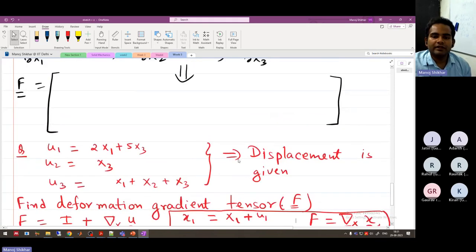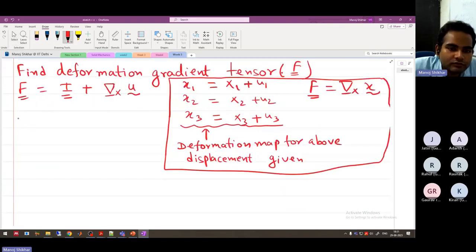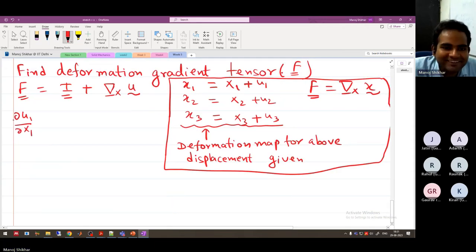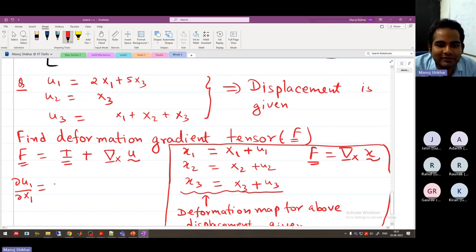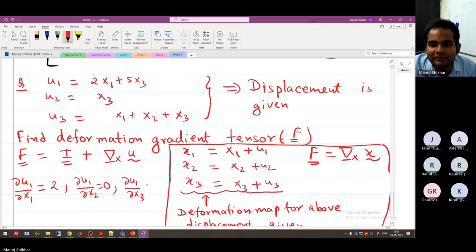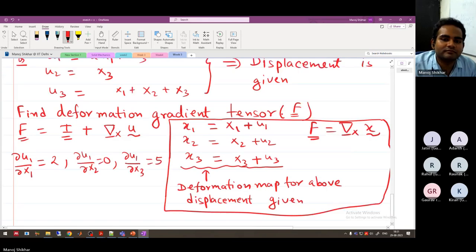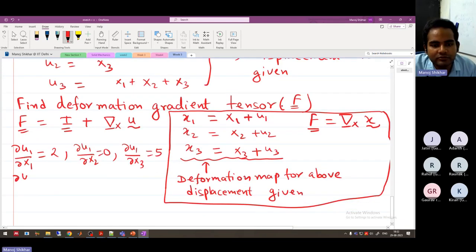So first we need to find the gradient of u. We first find del u1 by del x1. Sorry, by mistake I wrote it wrong. So it will be 2. Del u1 by del x2 is 0, because there is no term which is dependent on x2 here. And del u1 by del x3 is 5. Del u2 by del x1 will be 0.